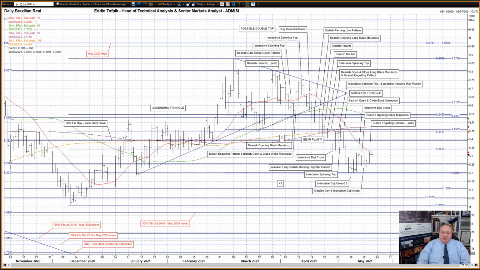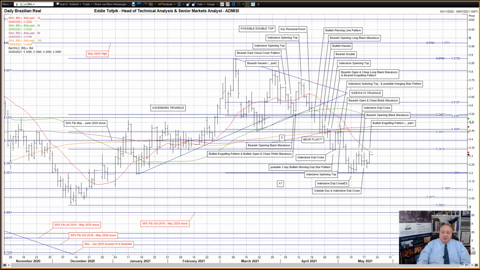US dollar against the Brazilian real. A bullish engulfing pattern yesterday, but only just, and probably forced on by the previous session's wannabe hammer pattern. It was nevertheless the first clean piece of action this week so far, and may be a resolution to the uncertainty we saw last week and early this week as well.